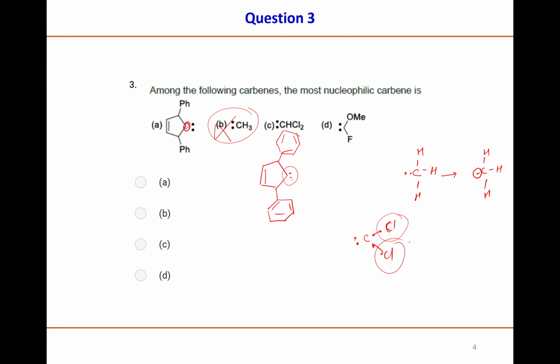How will this happen? Suppose we have a bond here, so both the electrons should be near the chlorine atom, because the electron pull is more by this chlorine atom.